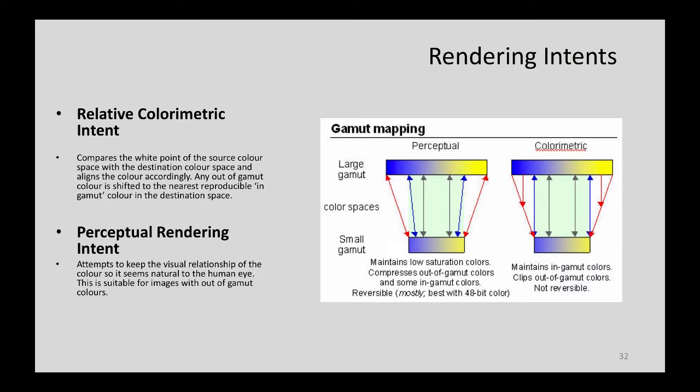Let's have a quick look at rendering intents. So relative colorimetric intent compares a color space with the destination color space and aligns the colors accordingly. Any out of gamut color is shifted to the nearest reproducible in gamut color in the destination space.